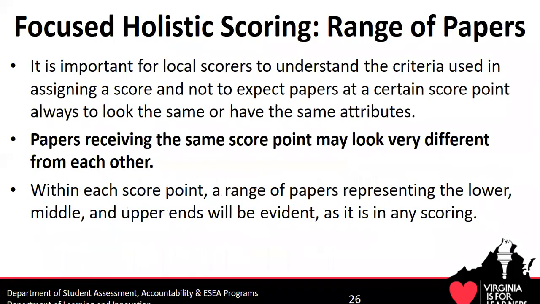It is important for local scorers to understand the criteria when assigning a score point, and not to expect papers at a certain score point to always look the same or have the same attributes. There is a large range of different kinds of papers that may score a 2 or a 4, and not everyone will look the same.